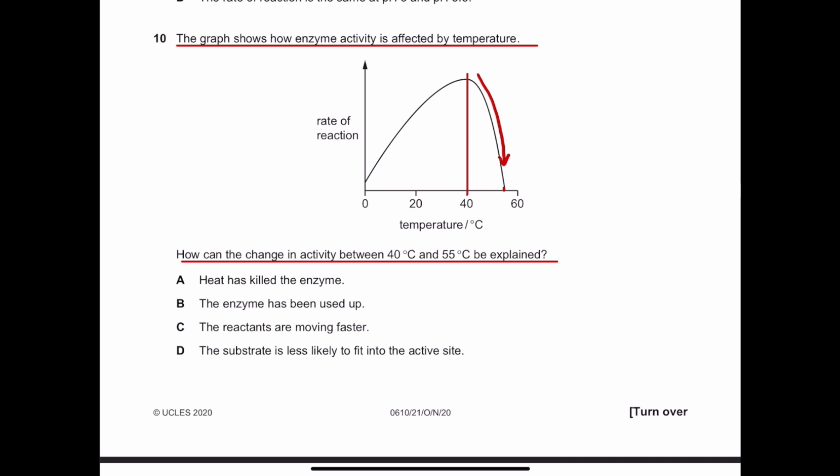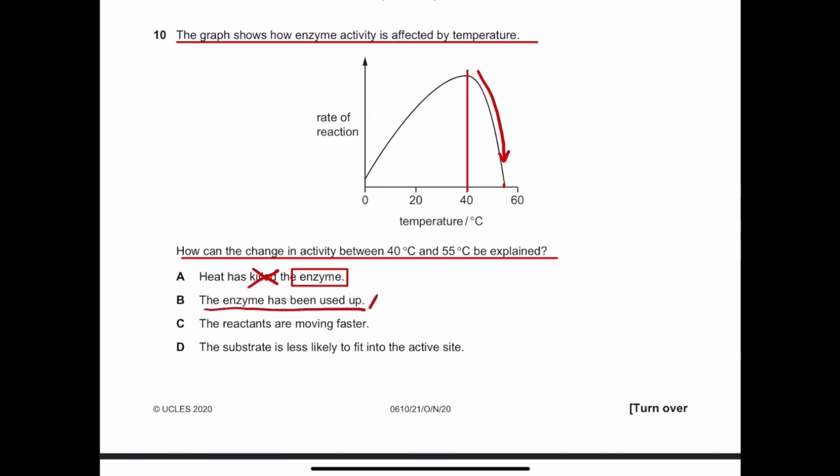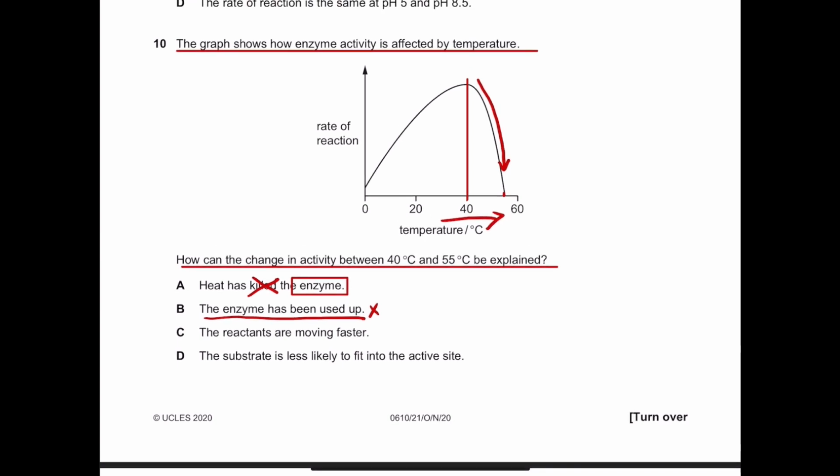So the right answer cannot be A because, first of all, an enzyme is not a living thing, so it can't be killed. We never say that the enzyme is dead or is killed. And B, the enzyme has been used up? No. As the temperature gets increased, an enzyme can become used up, which means its active site is occupied by a substrate.